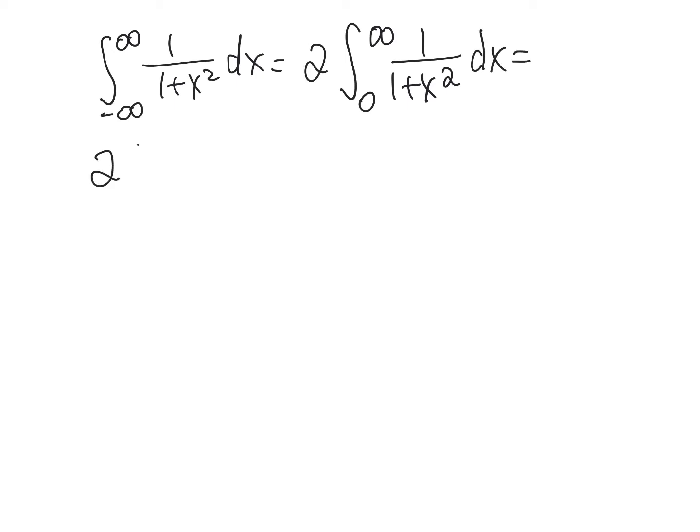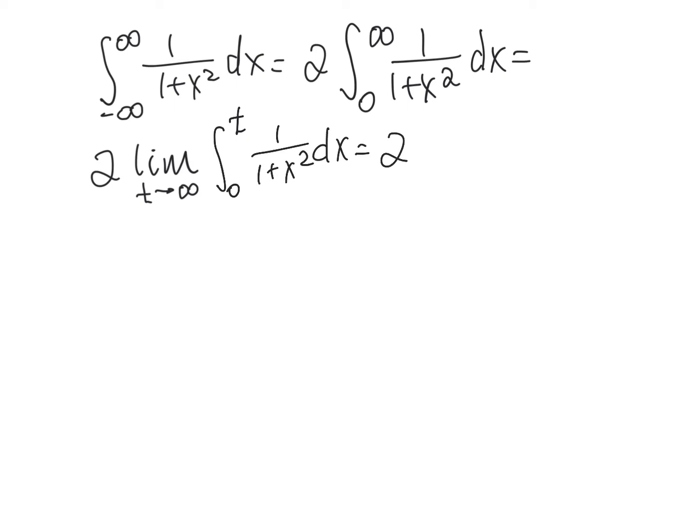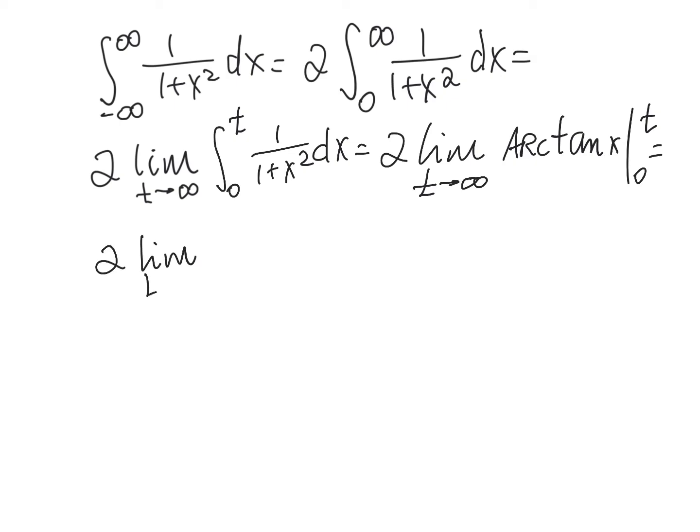And we already did the second integral more or less, so let's just do it again. It's the limit as t approaches positive infinity of the integral from 0 to t of 1 divided by 1 plus x squared dx, which is 2 times the limit as t approaches infinity of arctan of x, evaluated from 0 to t, which is equal to 2 times the limit as t approaches infinity of arctan of t minus arctan of 0.